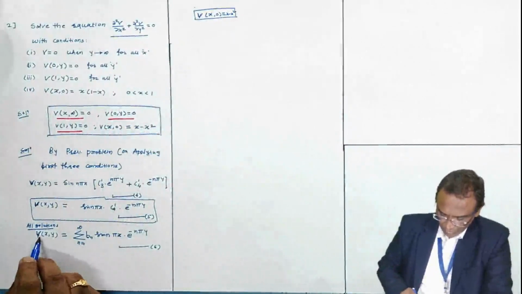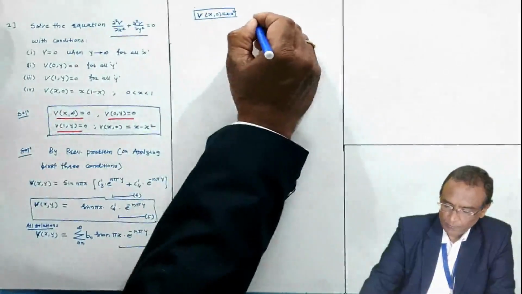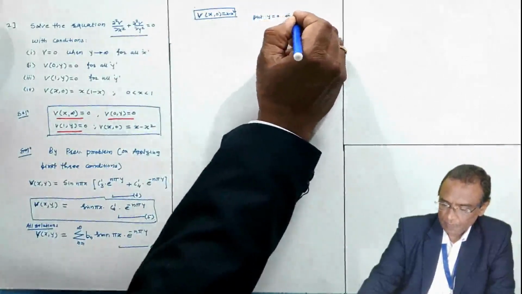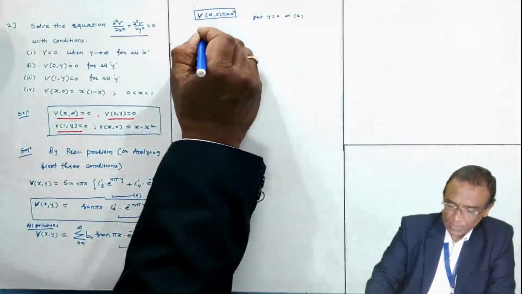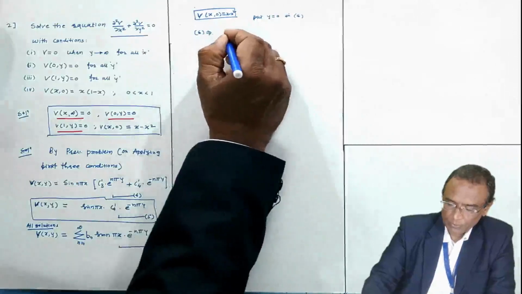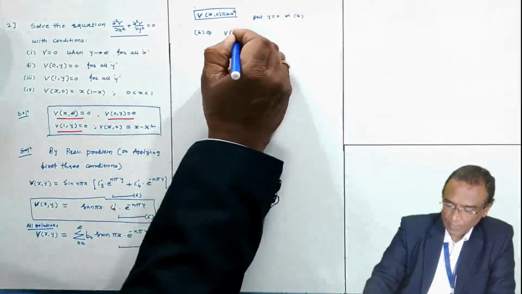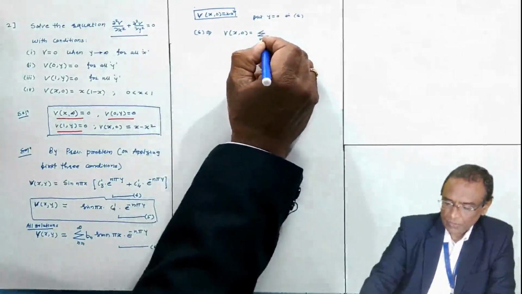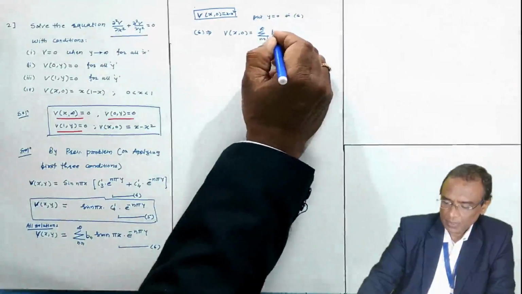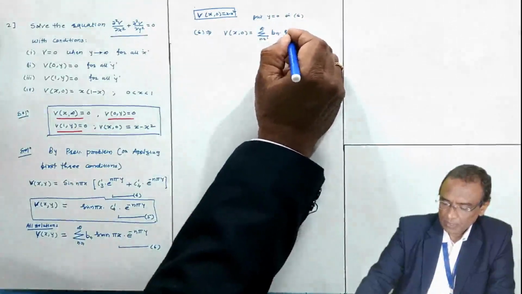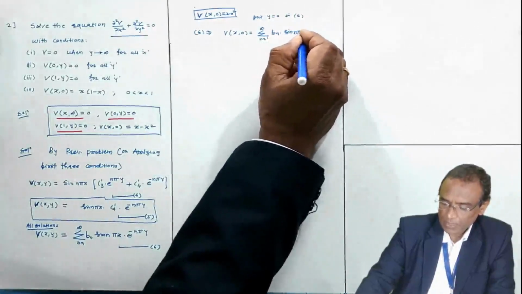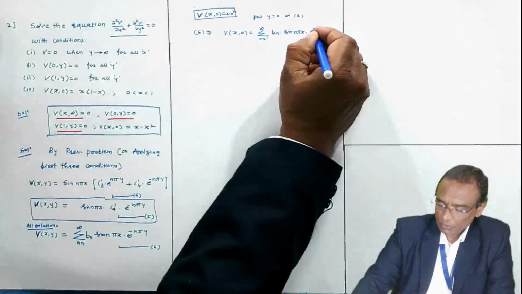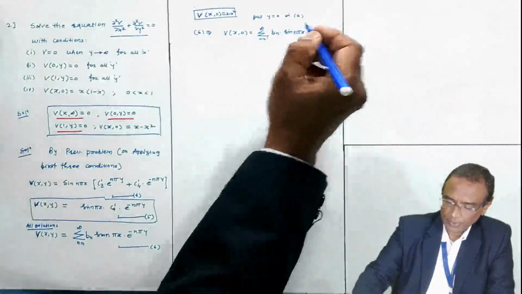Now substitute, put y equal to 0 in equation 6. V of x0 equals summation n varies from 1 to infinity, bn as it is, sine n pi x as it is, and e to the power 0.